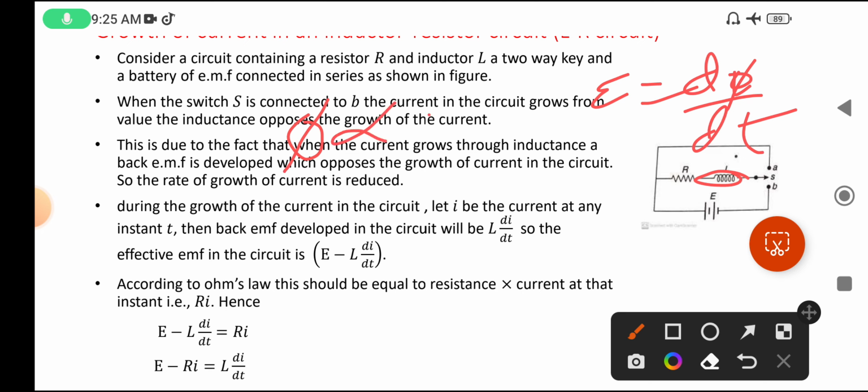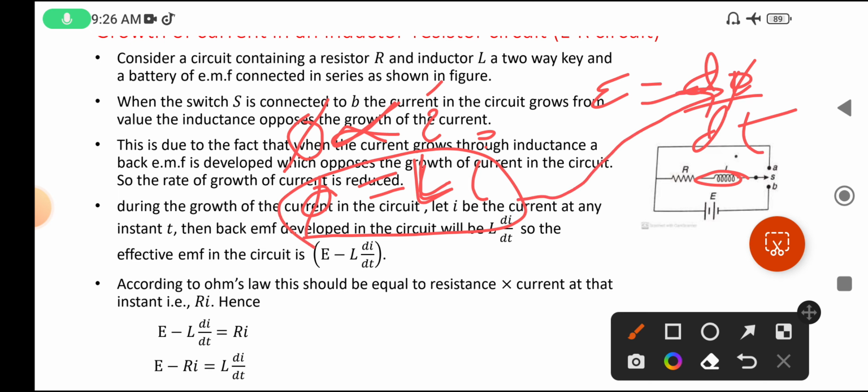That magnetic flux is always directly proportional to the current, so remove the proportionality and write equal with a constant: flux phi equals Li, where L is a constant called inductance, self inductance. Take this formula and substitute in the earlier formula, then you get L into di by dt.